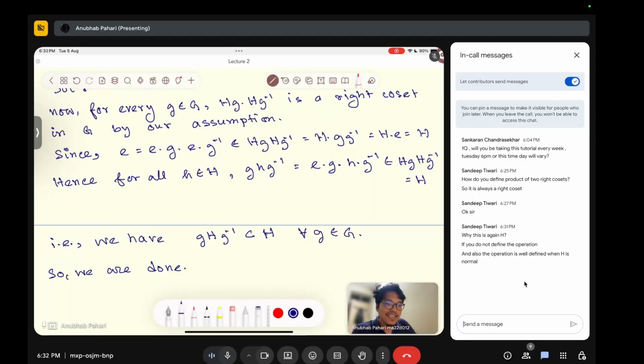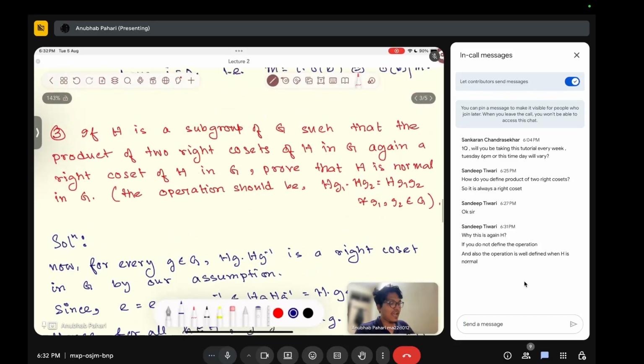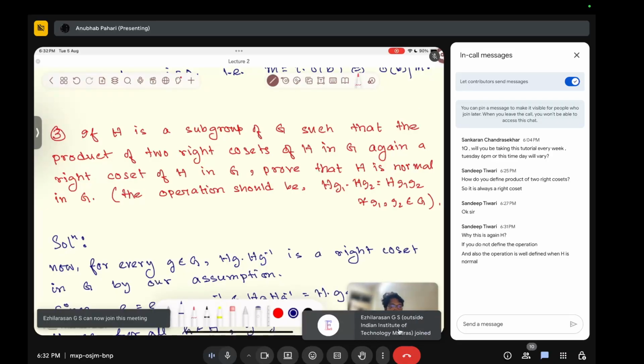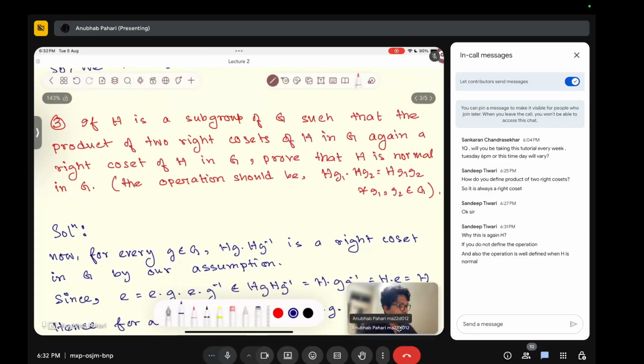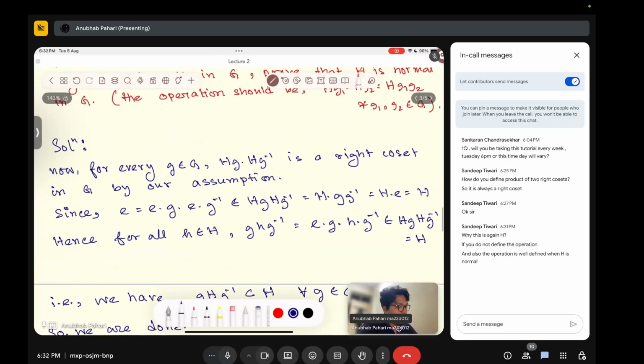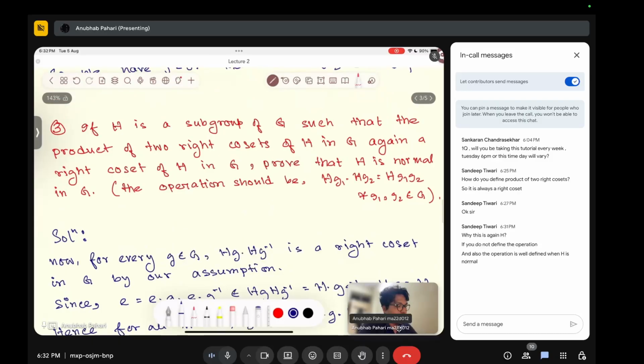Okay, why is this again H if you do not define the operation, and also the operation is well defined when H is normal. Actually, I know there is something fishy in this problem for me too, but since I have written this down, we are just defining it this way.